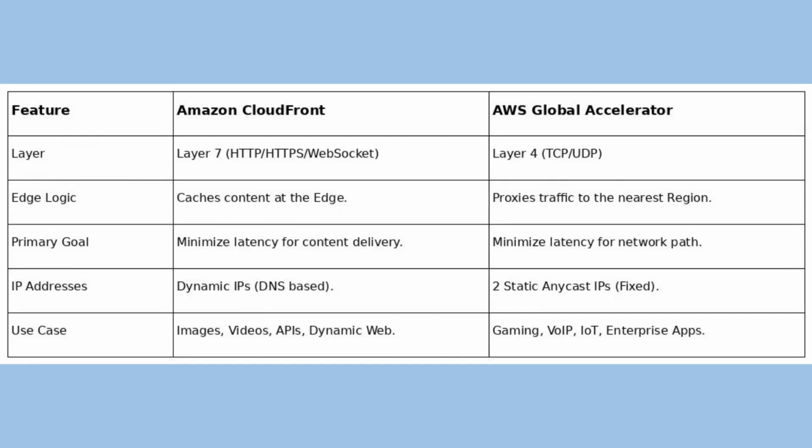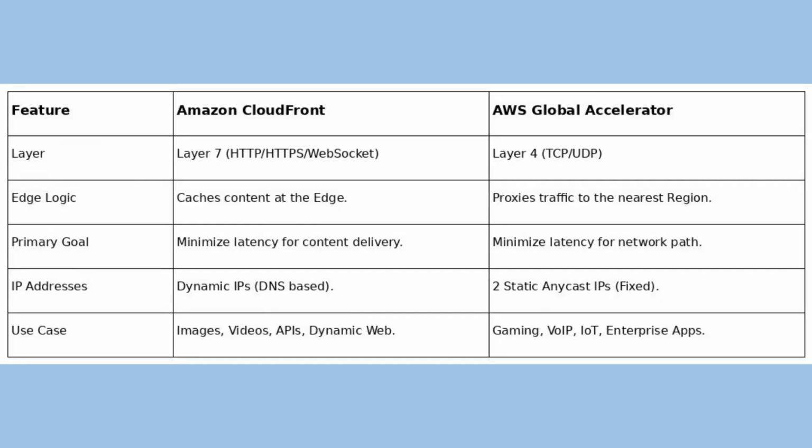CloudFront caches content at the edge, while Global Accelerator proxies traffic to the nearest region. The primary goal in CloudFront is to minimize latency for content delivery. Global Accelerator also minimizes latency, but for the network path. For IP addresses, you have dynamic IPs, DNS-based in CloudFront, but for Global Accelerator, just two fixed static anycast IPs.